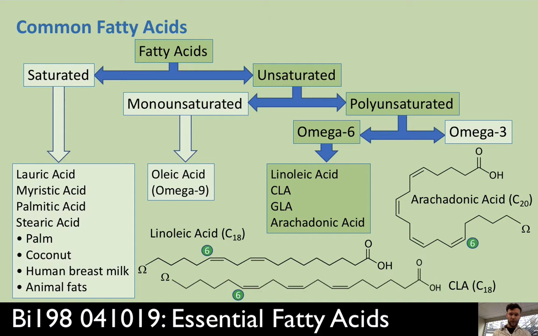Okay, good. And so now the fatty acid tail, the hydrocarbon tail, can have more than 1 degree of unsaturation, meaning that there's going to be more than one double bond in there. And these are what we call the polyunsaturated fatty acids. So here are a couple, 2 or 3 common ones: linoleic acid and arachidonic acid.